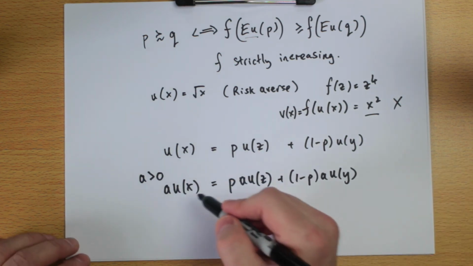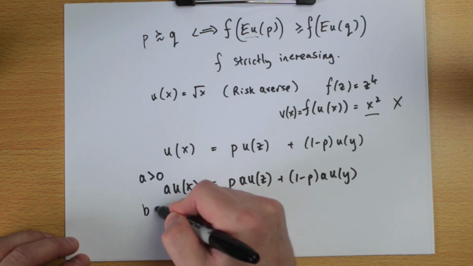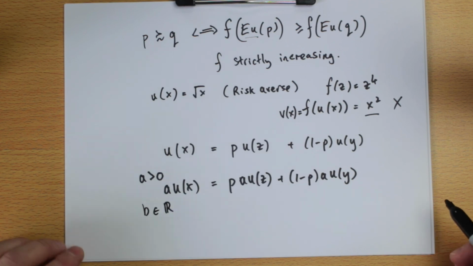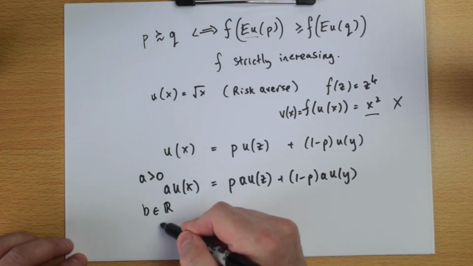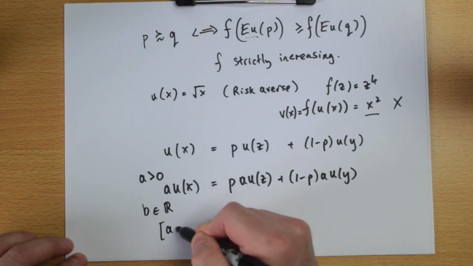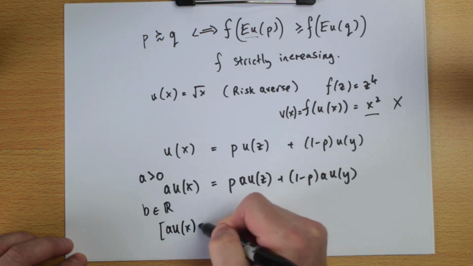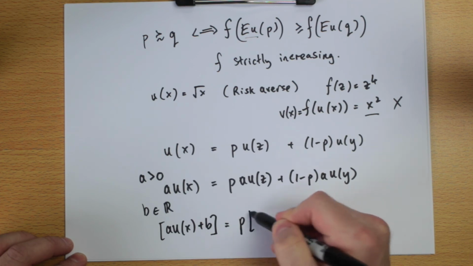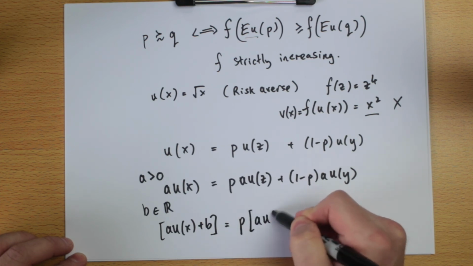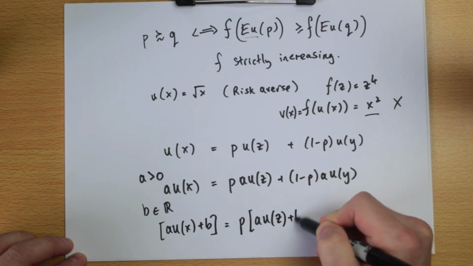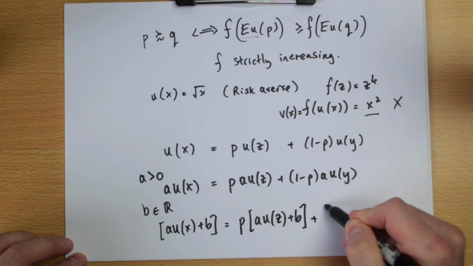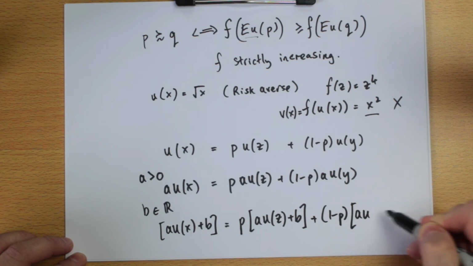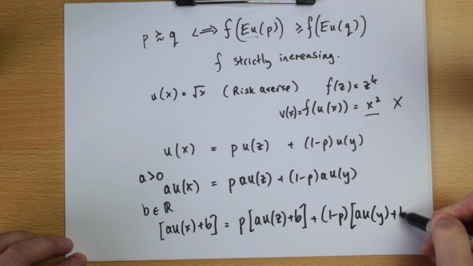I could also take any B, a real number B, whether it's positive or negative, and I would get A times U(X) plus B is equal to P times (A times U(Z) plus B) plus (1 minus P) times (A times U(Y) plus B).